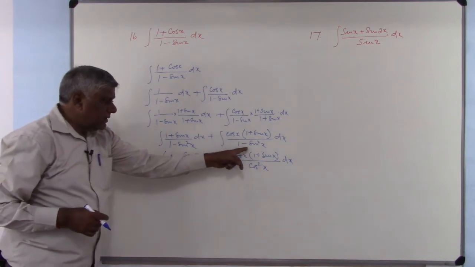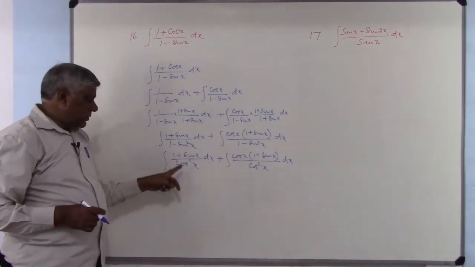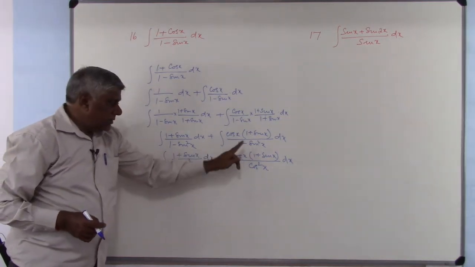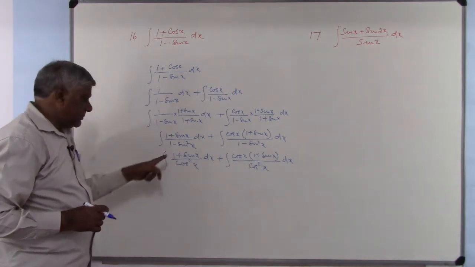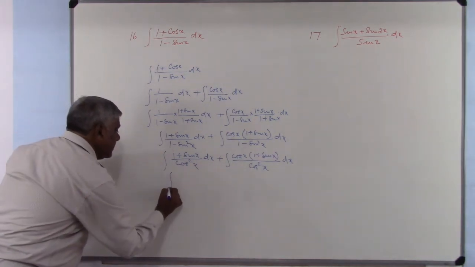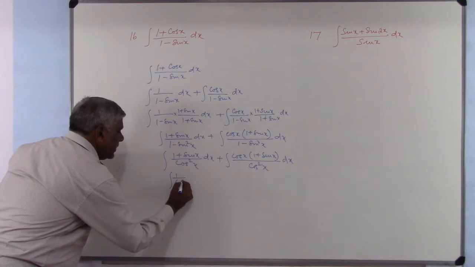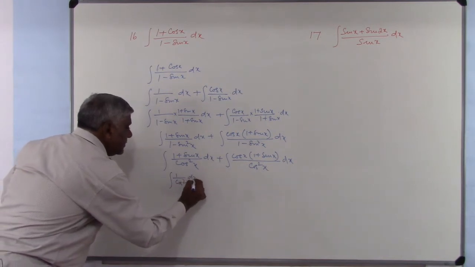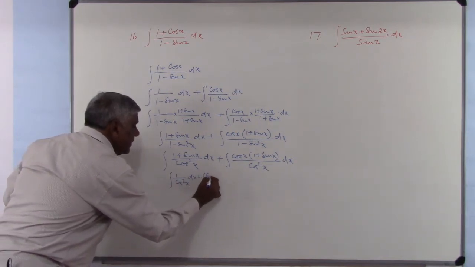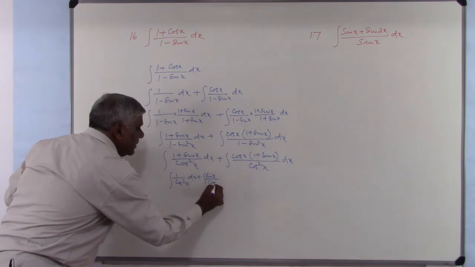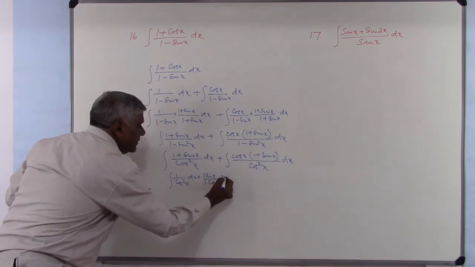Have you understood here? We have 1 minus sin square x as cos square x. Now this is 1 over cos square x dx plus integral sin x by cos square x dx.